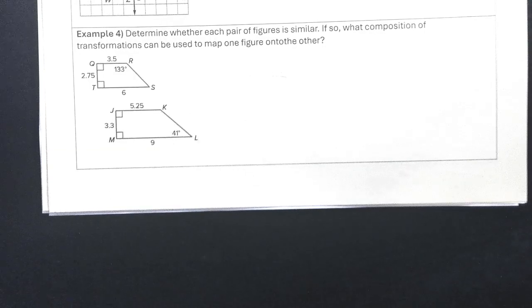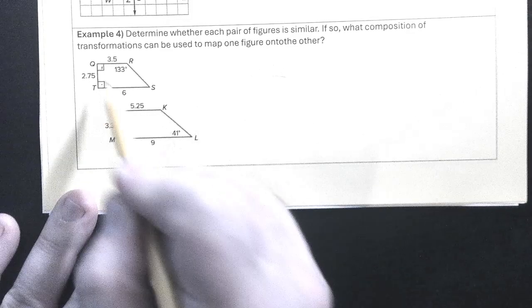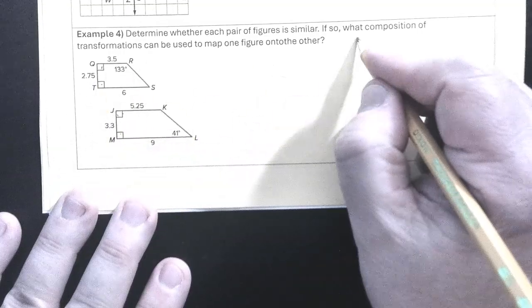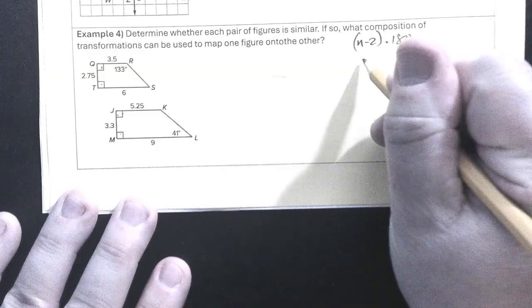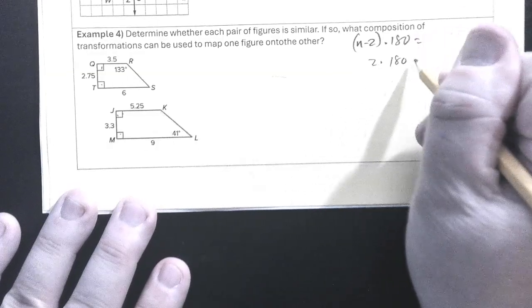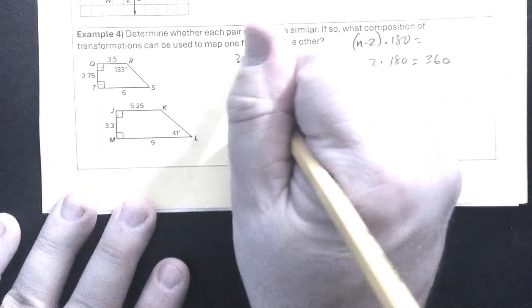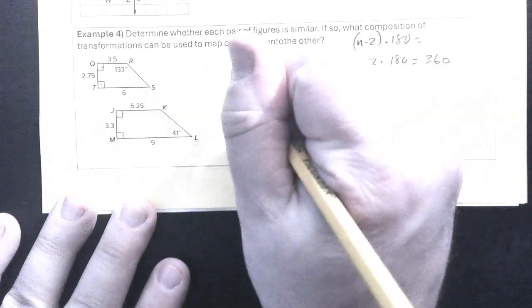Okay, example 4, we'll finish up. This is going to be super quick because we're not even going to have to look at the sides. So we have 2 angles that are congruent. Now remember, this is 4 sides. So n minus 2 times 180, that's 4 minus 2, or 2 times 180, which is 360. So the total for these angles is 360. We have 90 and 90, so that's 180, right?